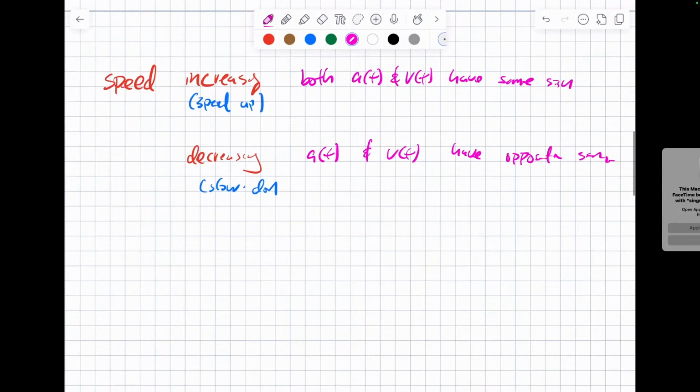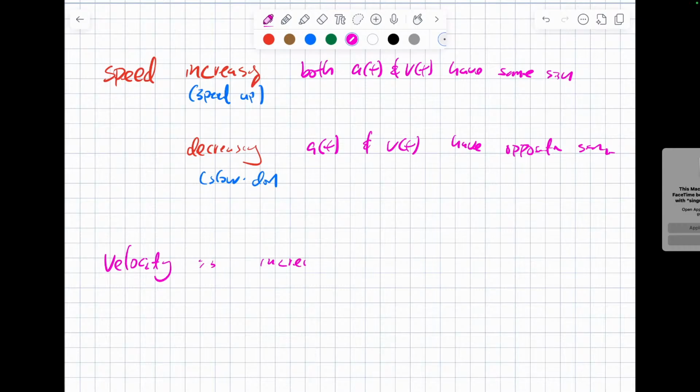Now, if I just say velocity is increasing, then you don't compare. You just say s prime of t, and then you go to s double prime of t, and you do the number line test.